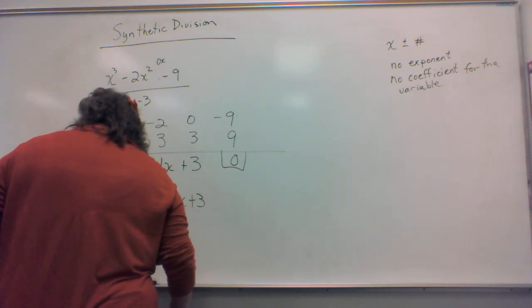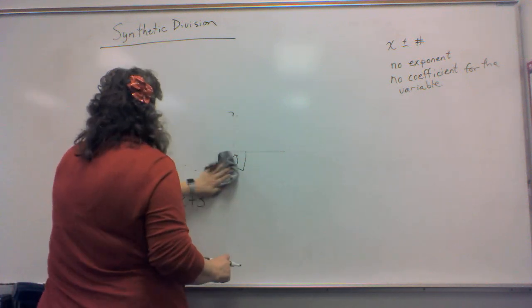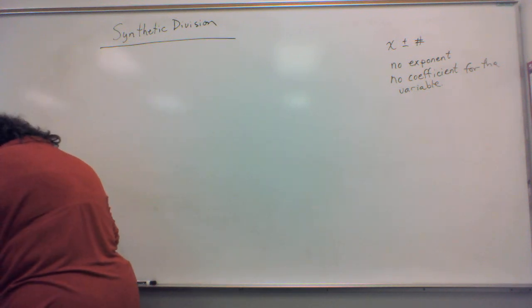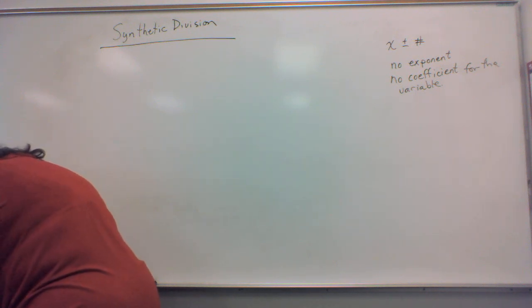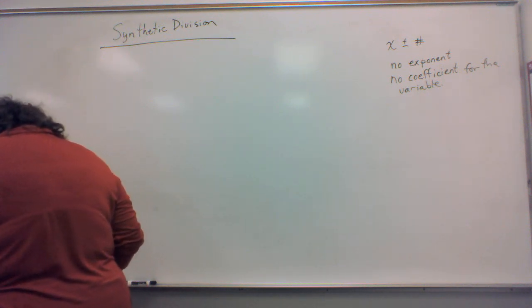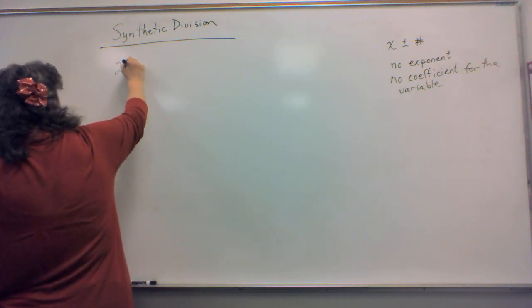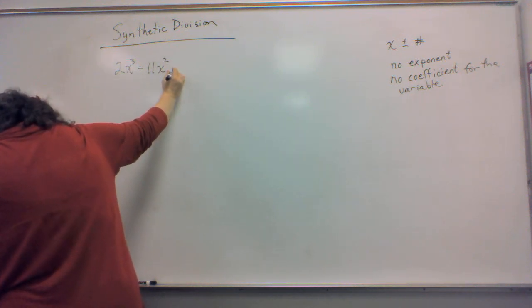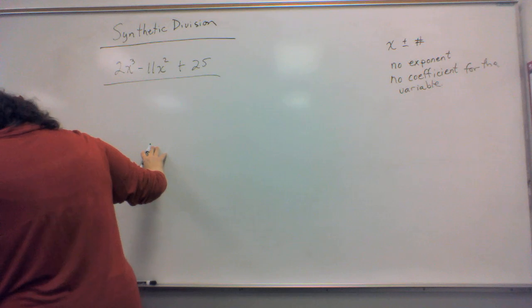Now we're going to look at at least one more. How about this one? 2x cubed minus 11x squared plus 25 divided by x minus 5.